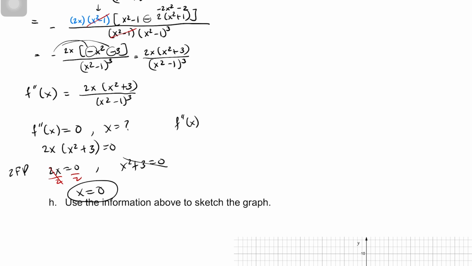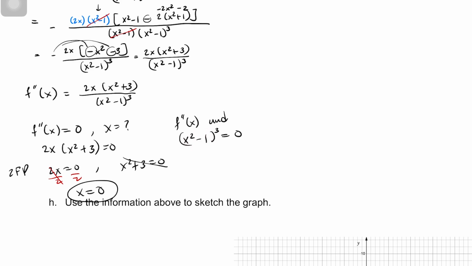Can this be undefined? This whole thing is going to be undefined whenever the denominator is equal to 0. So let's look at x squared minus 1 to the third power equal to 0. We know that this is going to be 0 only when the inside is 0, because you take 0 to the third power to give you 0.